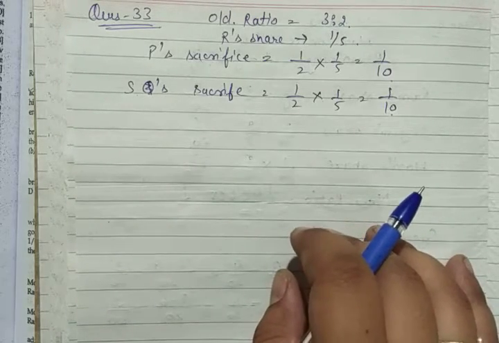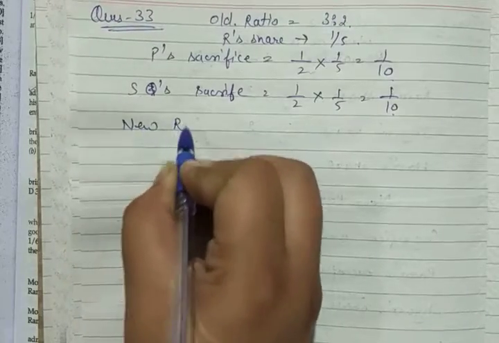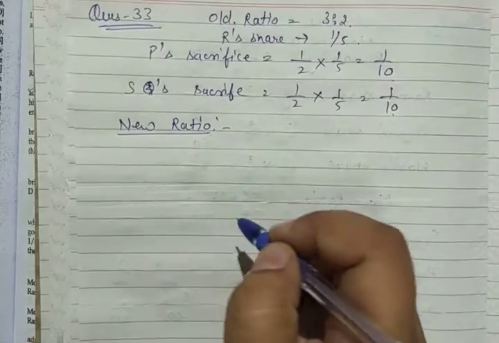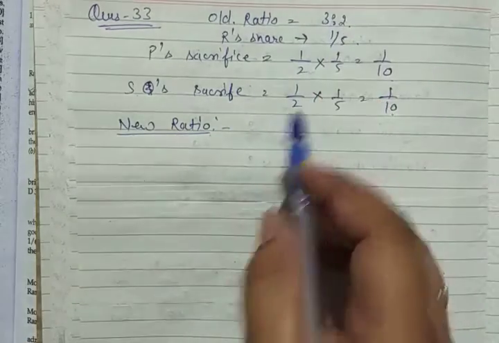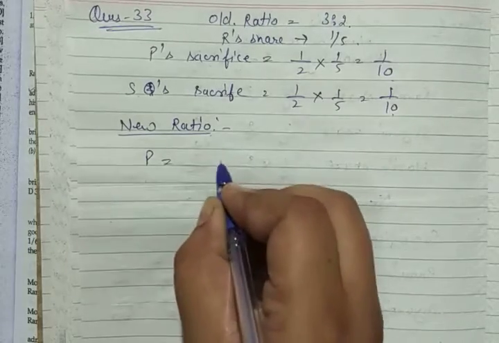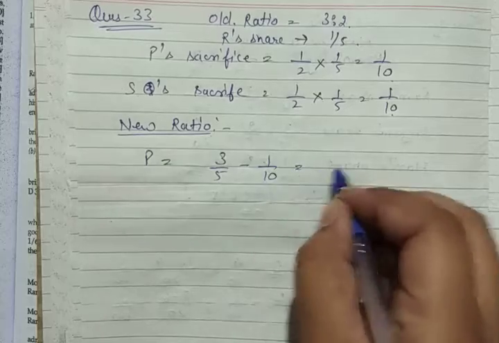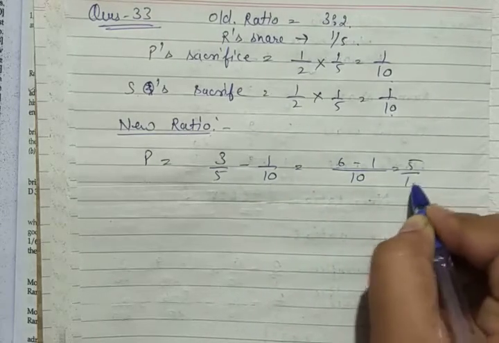Okay. After that, we need to find out the new ratio. The new ratio will be calculated as we have the old ratio. New ratio will be old minus sacrifice. For P, it will be old, that is 3 by 5, minus sacrifice, that is 1 by 10. And this will become 5 by 10.